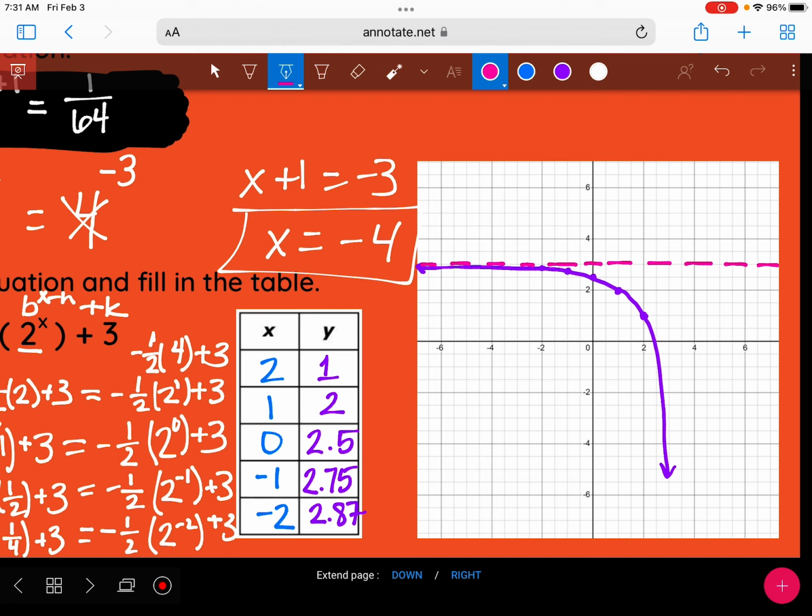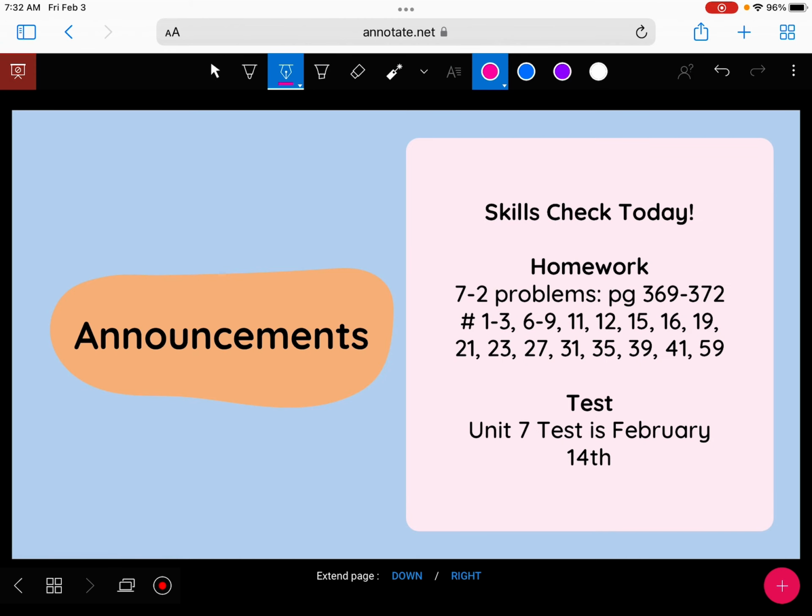All right. Everyone feeling okay about this? Okay. So for the rest of the time, we have your skills check. Can I flip the page? Okay. We have your skills check, and then depending on when you finish, you're going to have time to work on your homework and ask your questions. But first thing you have to do is finish your skills check.